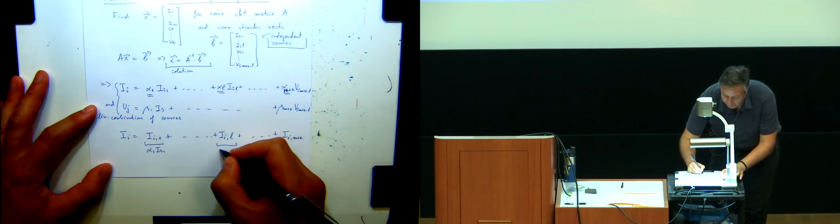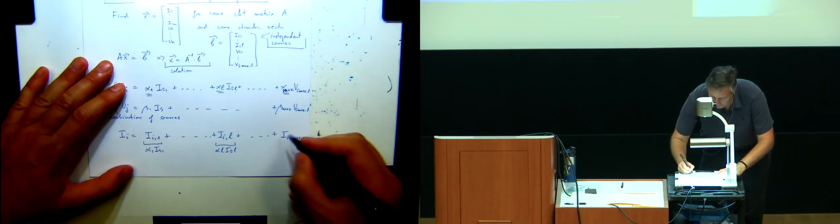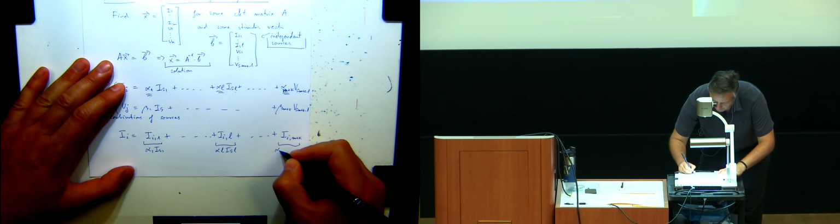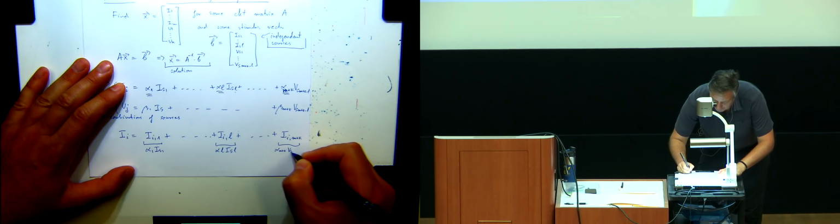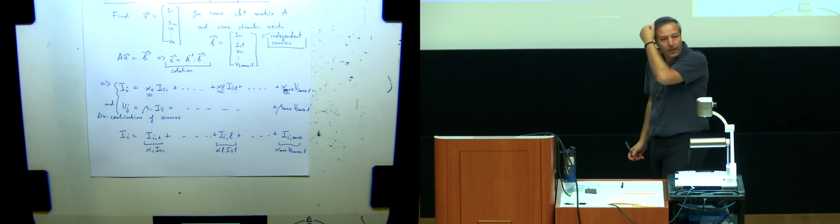This one over here is alpha L is IL. This one is alpha M plus K Vs(M+K-L). Right?